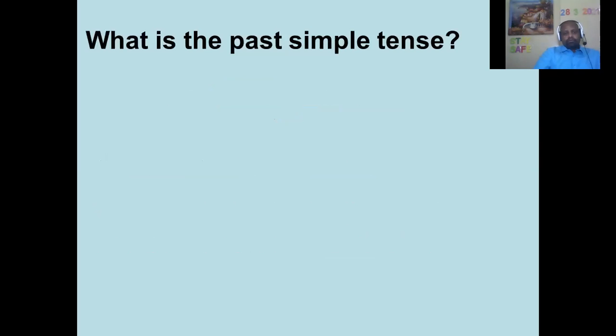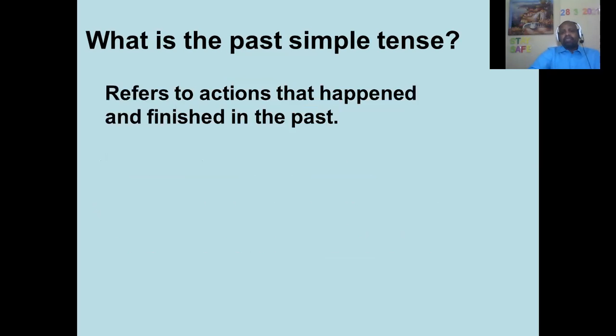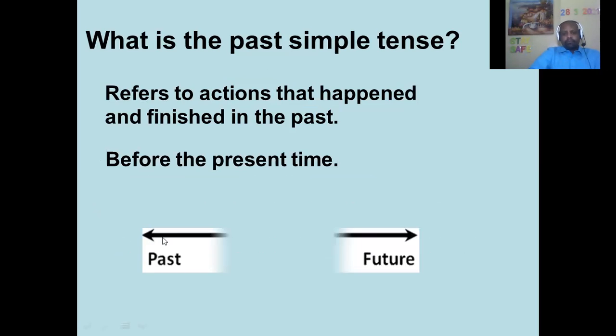That's good. This will take us to another point. What is the past simple tense? Climbed. What is that? That's past time, yeah. The past simple tense refers to actions that happened and finished, completed in the past time. Remember the timeline? We have the present, past.